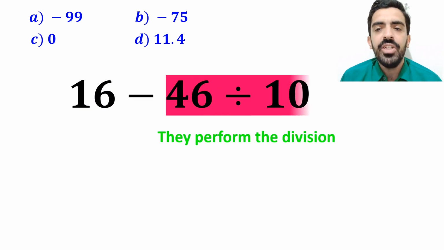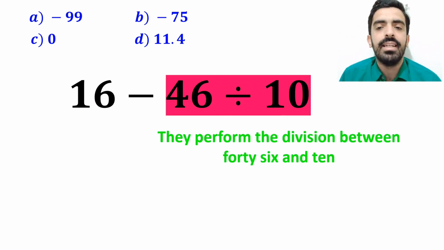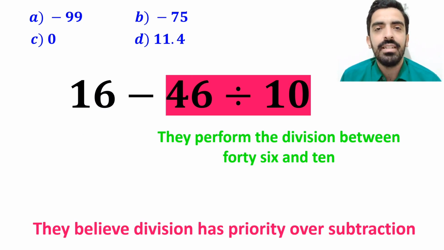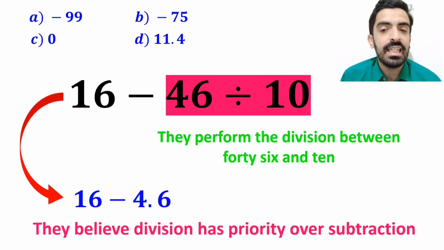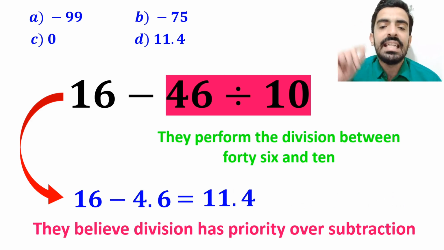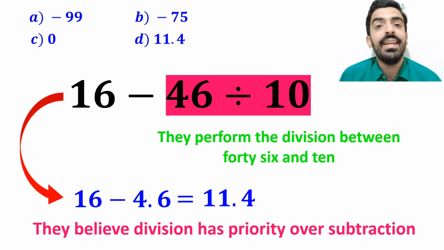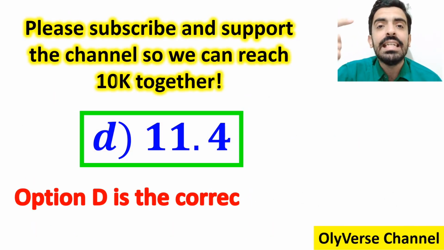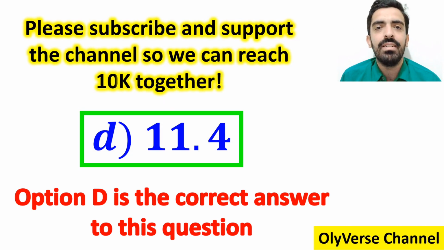Next, they perform the division between 46 and 10 since they believe division has priority over subtraction. And they rewrite this expression as 16 minus 4.6, which ultimately gives them the answer 11.4. And immediately, they conclude that option D is the correct answer to this question.